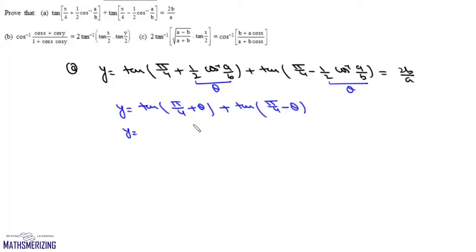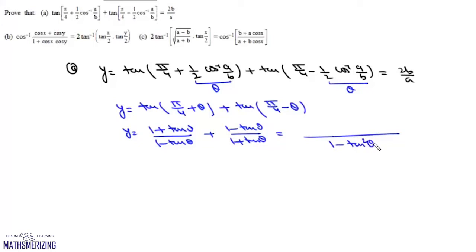Now this is tan a plus tan b upon 1 minus tan a tan b. So it will be (1 plus tan theta) upon (1 minus tan theta) plus (1 minus tan theta) upon (1 plus tan theta). Now we can write this as 1 minus tan square theta, and here it will be (1 plus tan theta) whole square plus (1 minus tan theta) whole square.